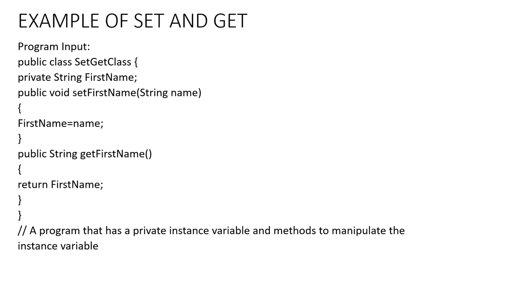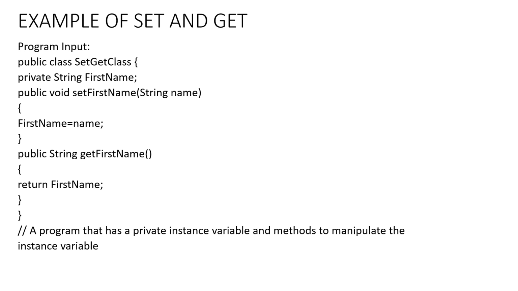This String name is the parameter through which you are going to pass a value to that first name. So the method setFirstName will store a student's first name. Are you getting me?